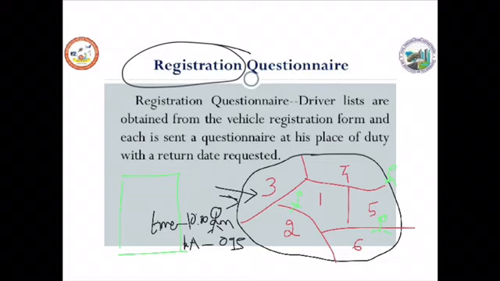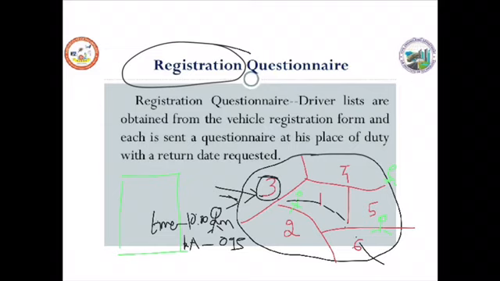Now, how can we analyze the data related to origin and destination? After collecting all the data, the surveyor has to come back to the office, and the analysis has to be made in the office. How will the analysis be done? For example, a vehicle entering zone 3 will take some particular route and exit from zone 6.